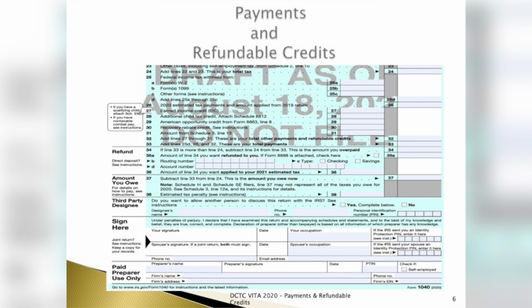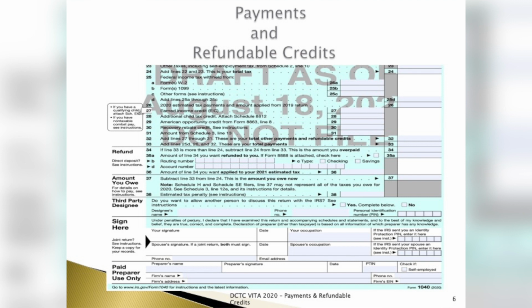Line 30 is the Recovery Rebate Credit line. This credit is tied to the 2020 Economic Impact Payment, except that the credit eligibility and the credit amounts are based on the 2020 tax year information. Any eligible individual who did not receive the full amount of the recovery rebate as an advance payment, also known as economic impact payment, can claim the recovery rebate credit on their 2020 1040 tax return.